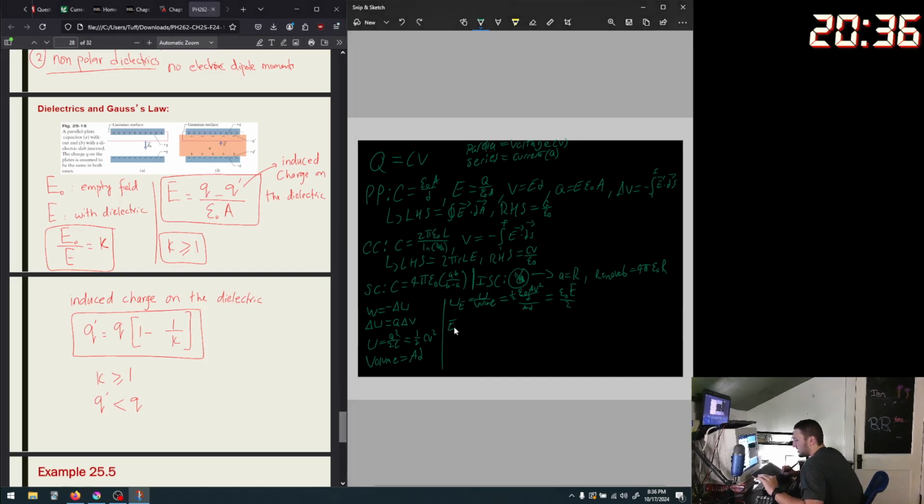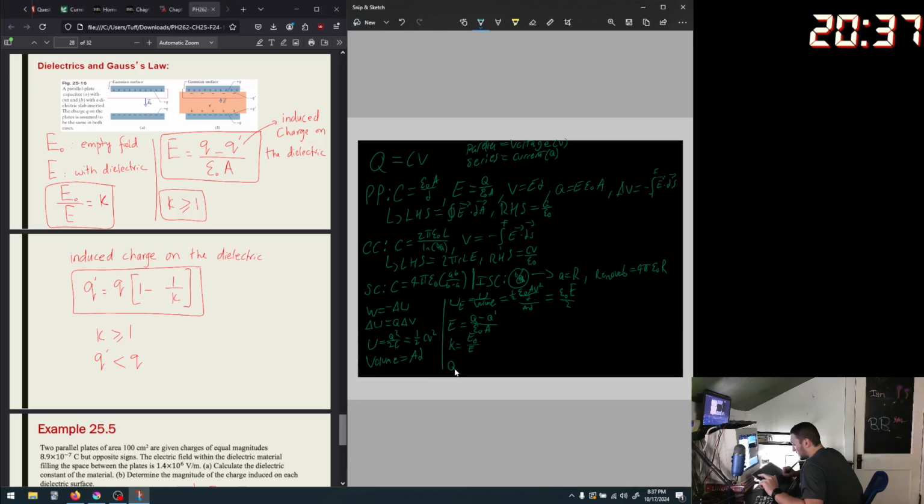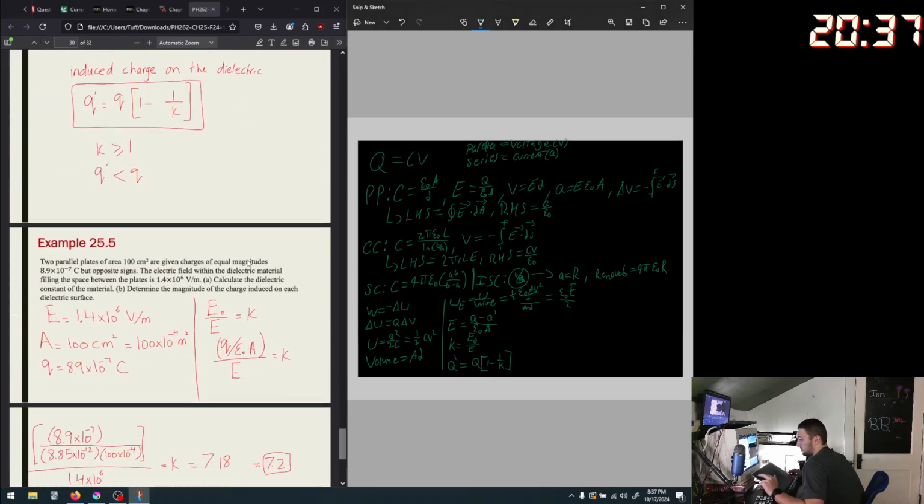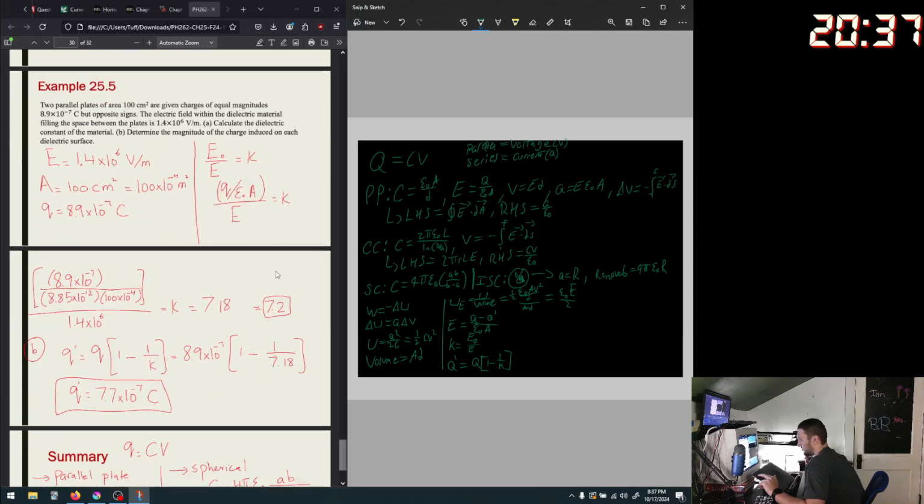But what we can say is E equals Q minus Q prime over epsilon 0 A, and that K equals E0 over E, and that Q prime equals Q times 1 minus 1 over K. Here you go.